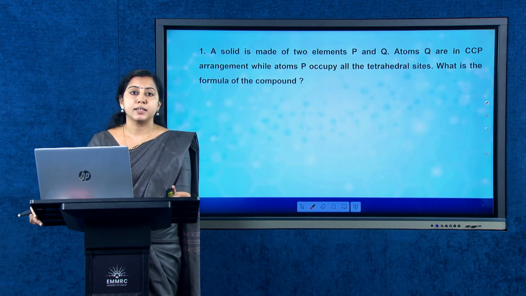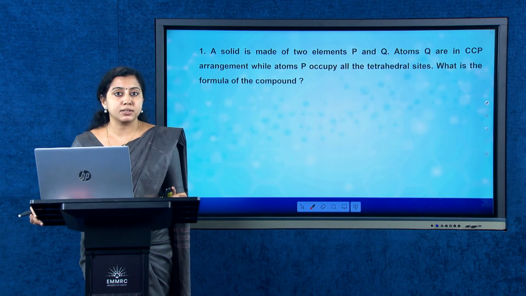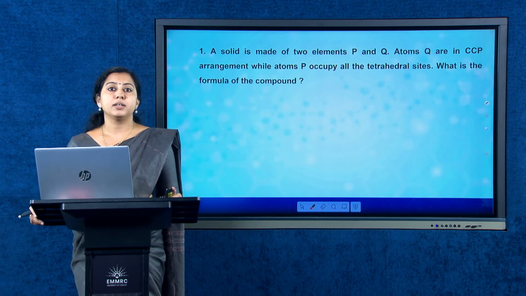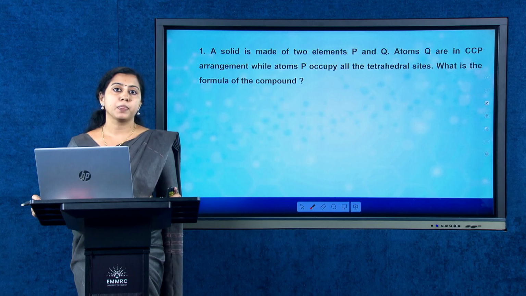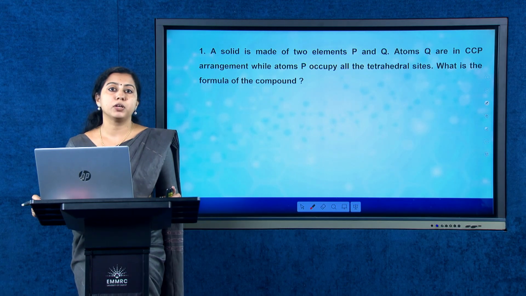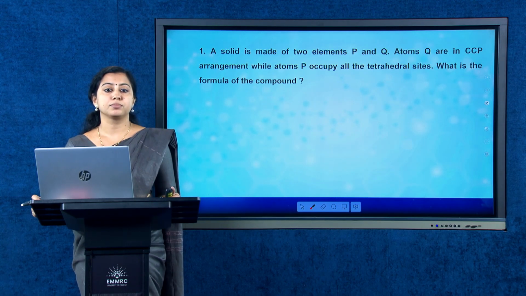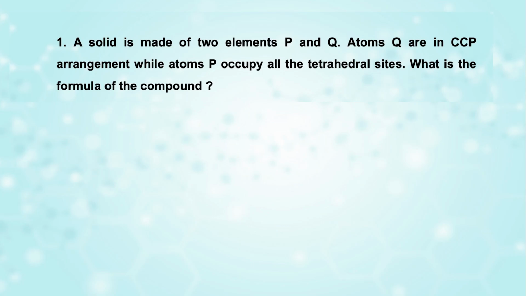So, now let us discuss a few questions based on the occupation of the voids by the atoms and finding out the formula of the compound. So, the first question is, a solid is made of two elements P and Q. Atoms Q are in CCP arrangement, while atoms P occupy all the tetrahedral sites.